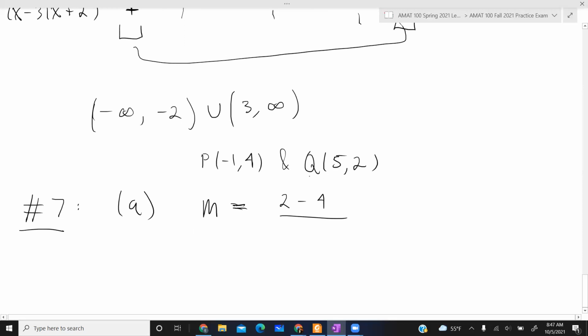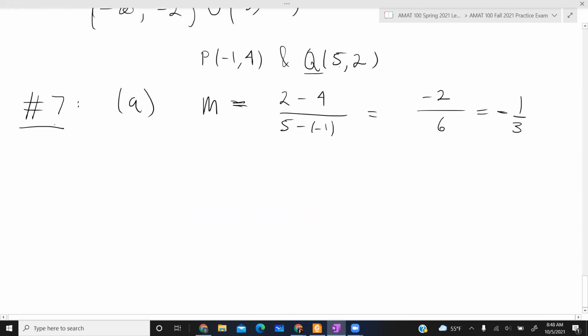We started with Q, so we took 2 minus 4, and now we have to do 5 minus -1. So the top will be -2, and the bottom will be 6, and then we'll get -1/3.